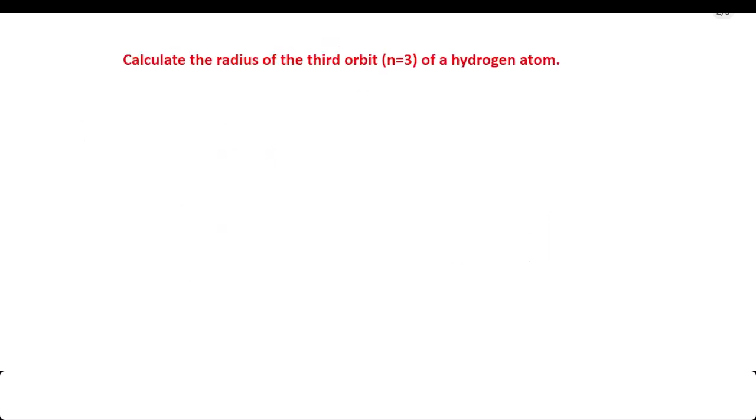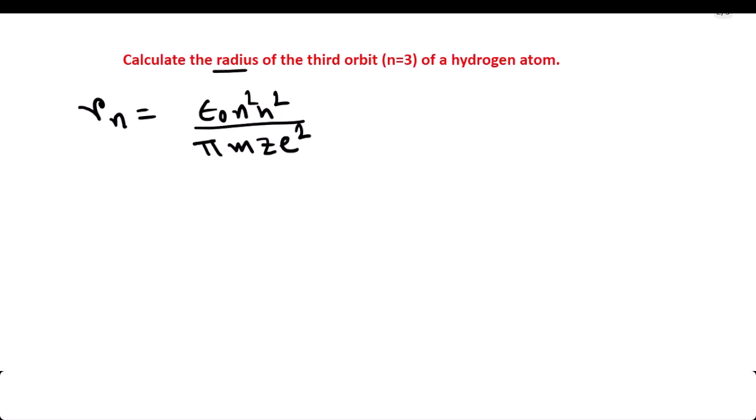Here it says: calculate the radius of the third orbit, n equal to 3, of a hydrogen atom. So here we have to find the radius. Now we know the expression of the radius, that is Rn is equal to epsilon 0 n square h square divided by pi m Z e square.